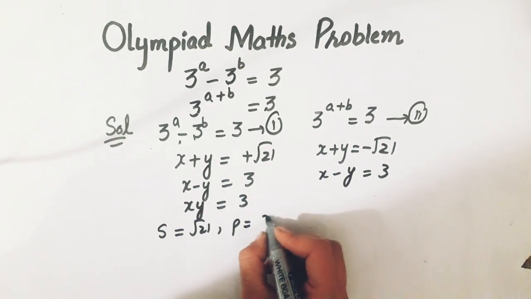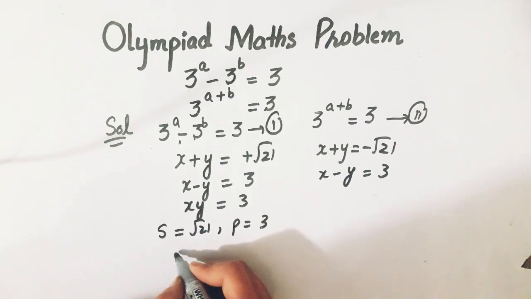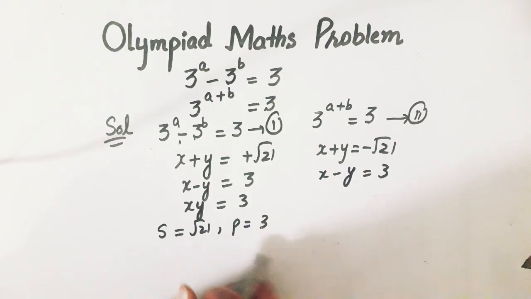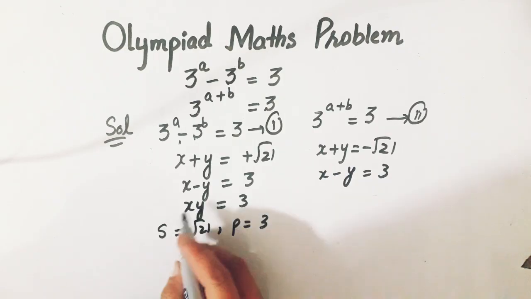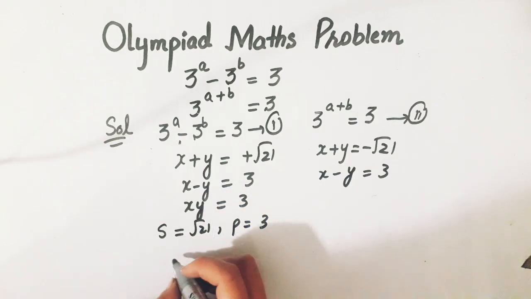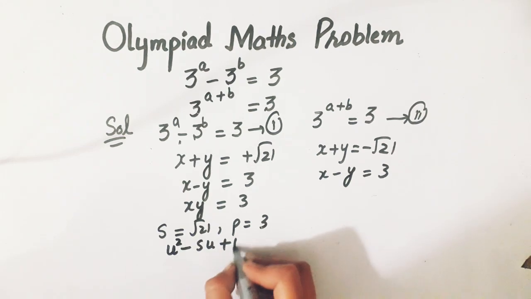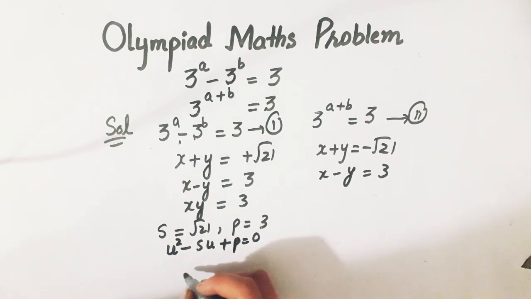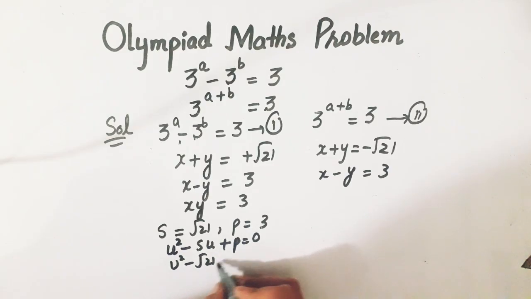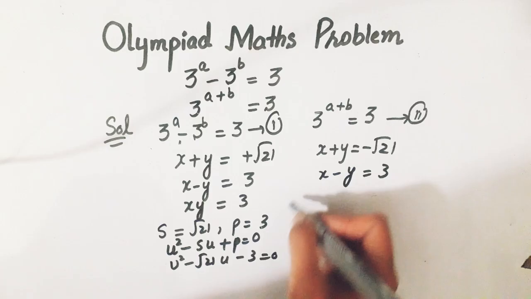Now for this set we will consider s, the sum of roots, as root 21 and p, the product, as 3. So this will become a quadratic equation. We consider another variable, because b is used inside this, so we consider u square minus s of u plus p equals 0. Now substitute the values: u square minus root 21 u plus 3 equals 0.